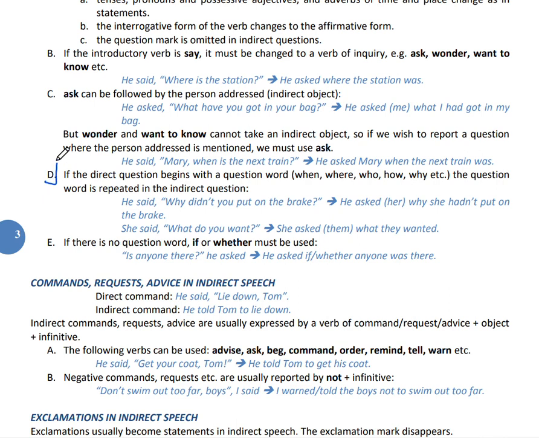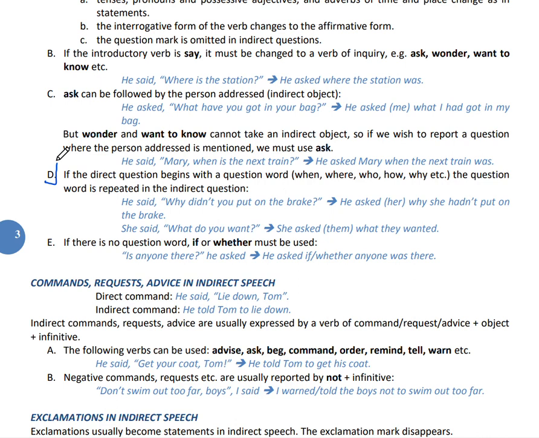Now, in here, if the direct question begins with a question word, when, where, who, how, why, etc., the question word is repeated in the indirect question. He said, "Why didn't you put on the brake?"